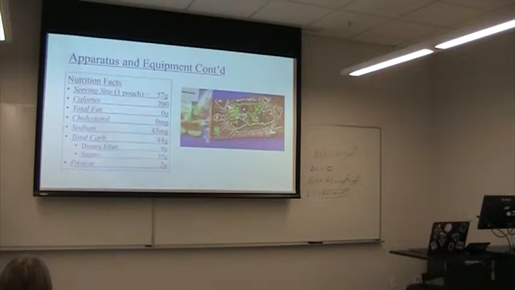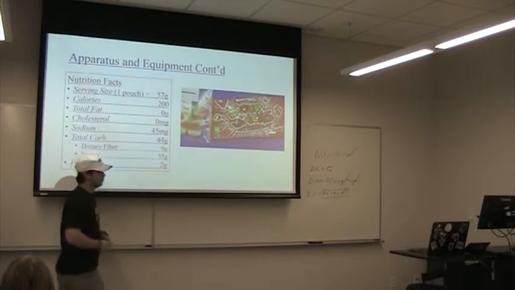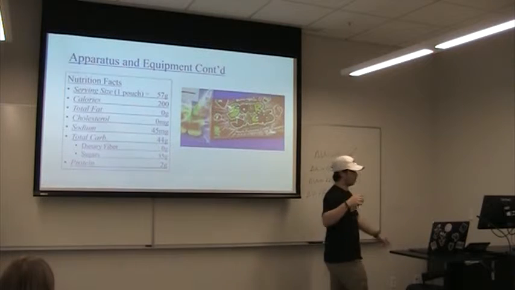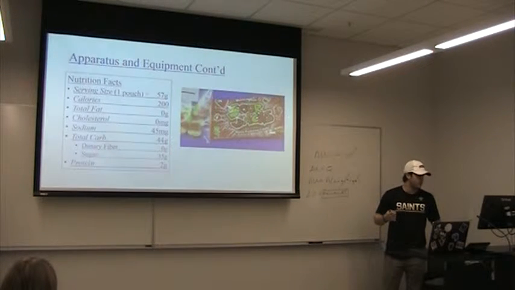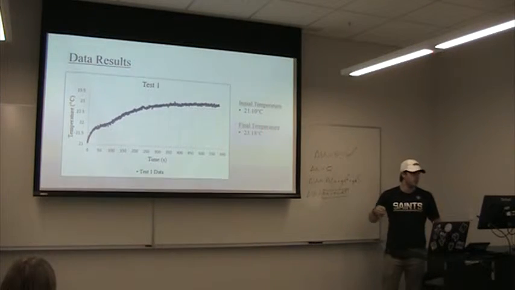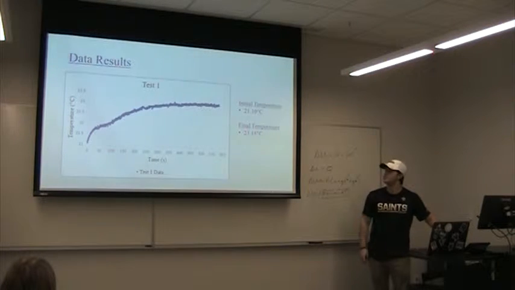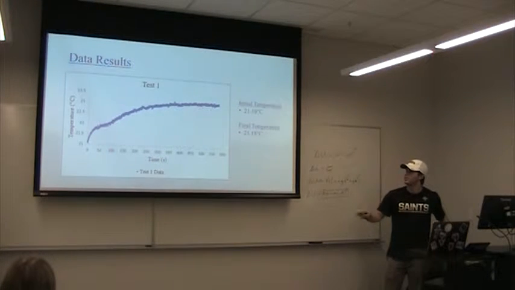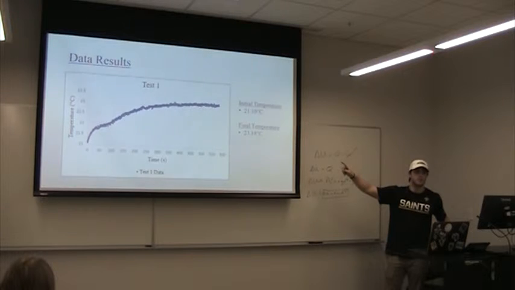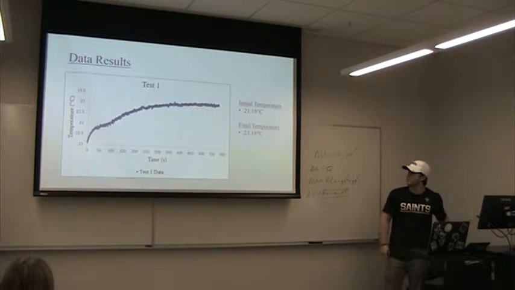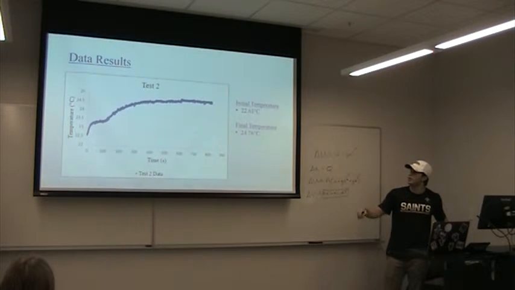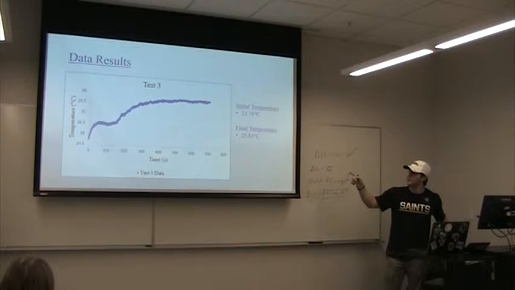And that should give us about 3508 calories per gram. And this is the value we'll use when trying to determine our heating value. So we ran 3 separate scans for about 10 minutes each, and these were the results we got in temperature with our initial and final temperatures displayed. Here's test 1, here's test 2, and here's test 3.